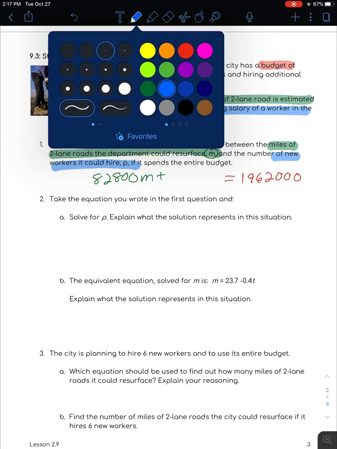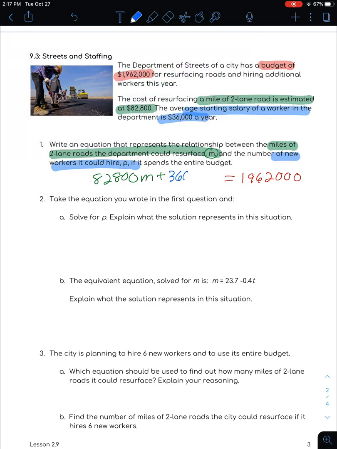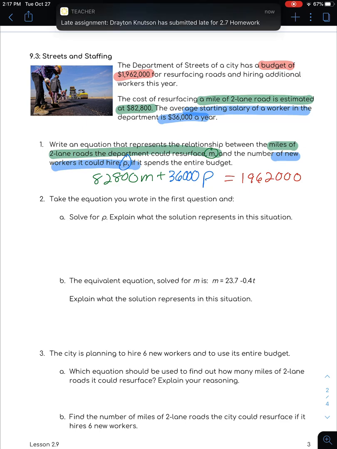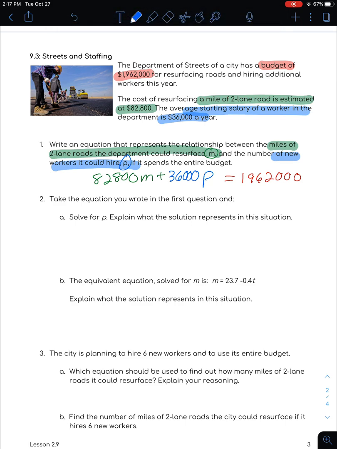Plus, our other number was the average starting salary, so each worker gets $36,000. And that was the other variable, P. So between the cost of resurfacing the road and the amount they have to pay for each of the workers, we get a total budget of $1,962,000. That's how we would interpret that situation in writing an equation.